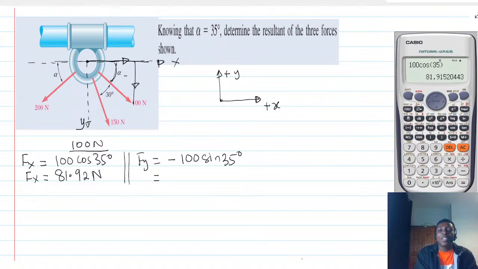Now let's pick our calculators and punch this. So what is it then? Minus 100 sine 35.